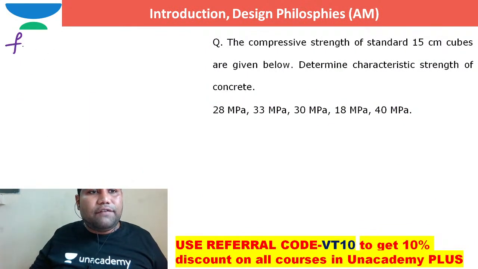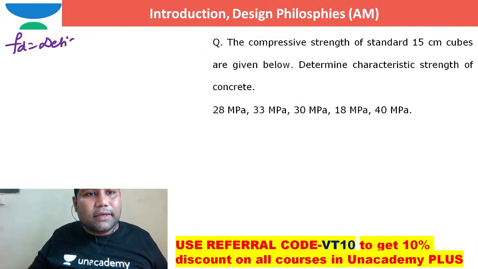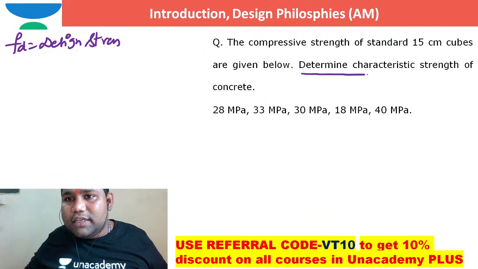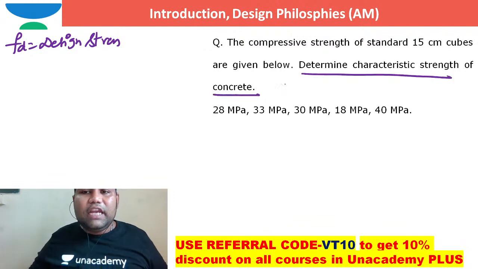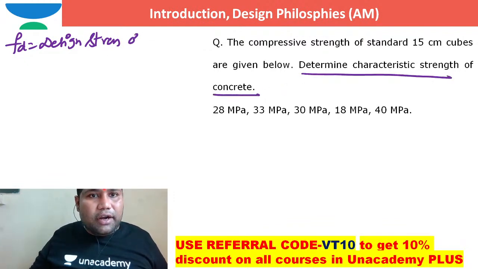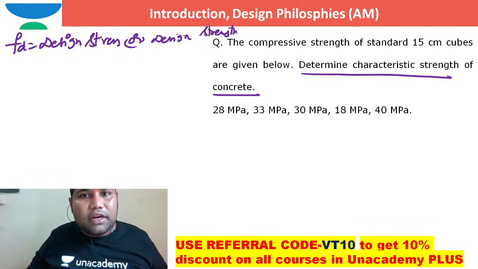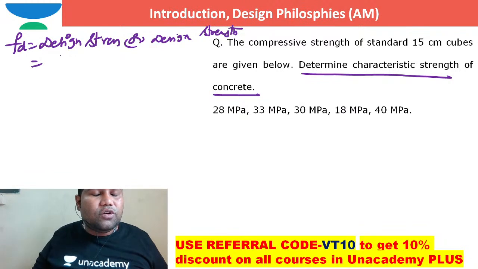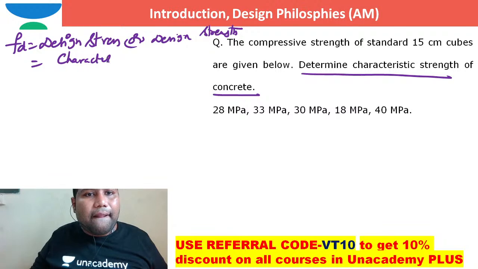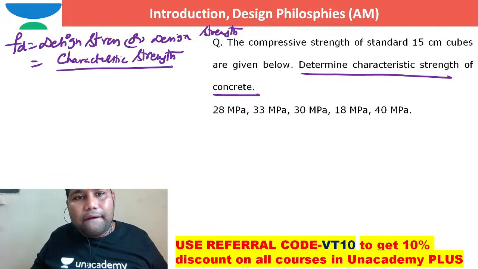Right. So fd is nothing but the design stress. If they expect you to find the design stress, in this question they ask to determine the characteristic strength of the concrete. If they expect the design stress or design strength of the material, it is equal to the characteristic strength divided by the factor of safety, or partial safety factor, which is the correct word for the material.